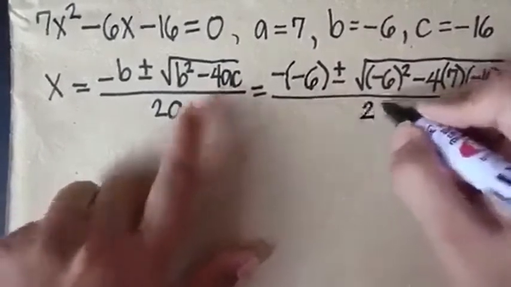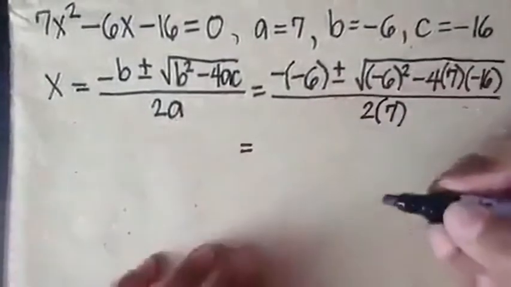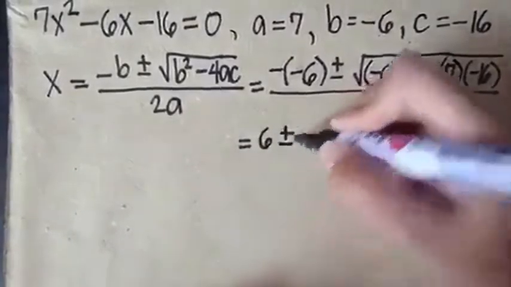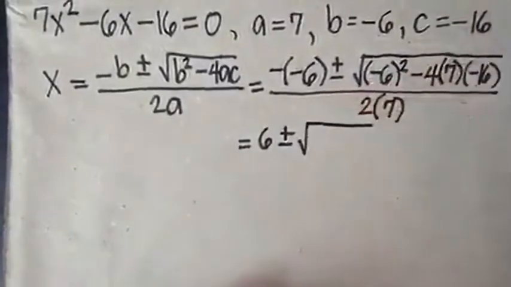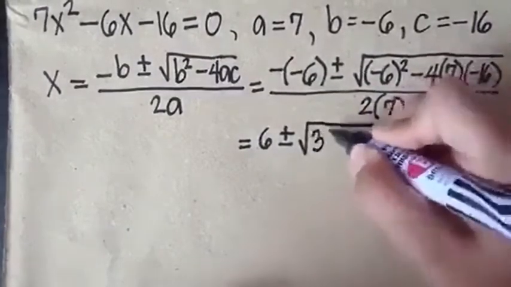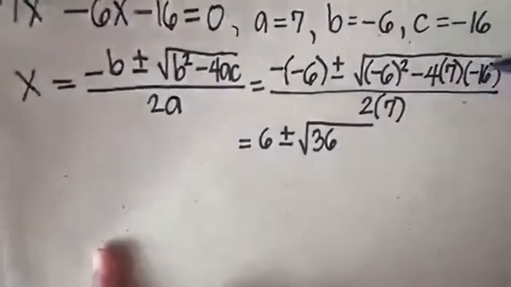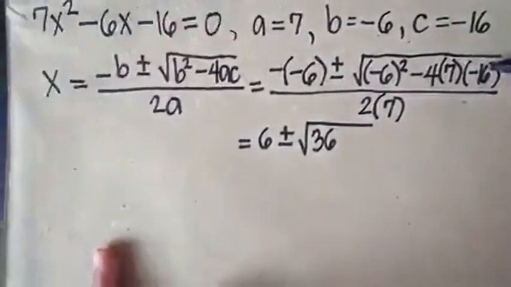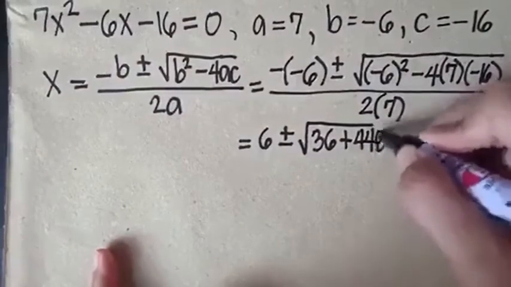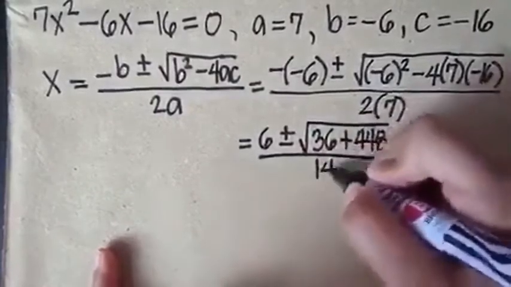Our a is 7. Okay, so simplify natin. Negative times negative 6 is positive 6. Plus and minus the square root of negative 6 squared is 36. Then negative 4 times 7 is negative 28 times negative 16, so we have positive 448. Then divide by 2 times 7, which is 14.